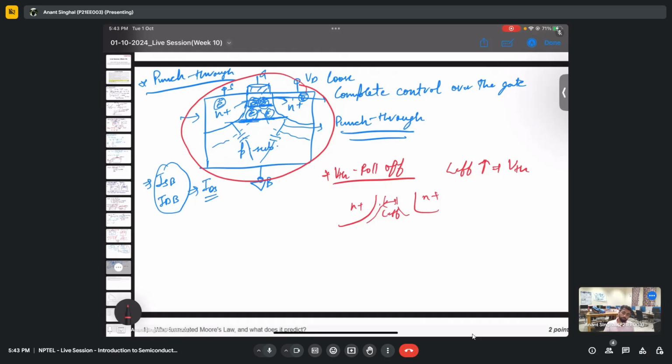We need lesser. That is correct, but why?